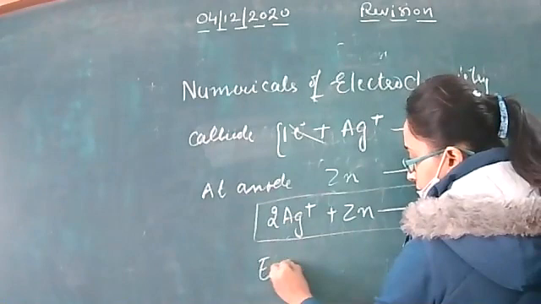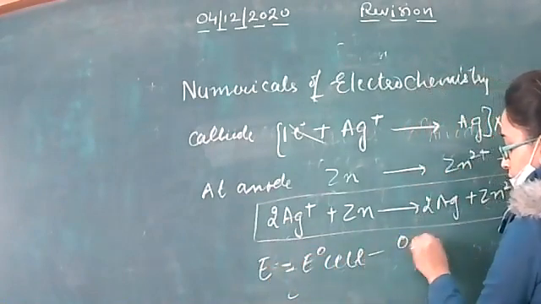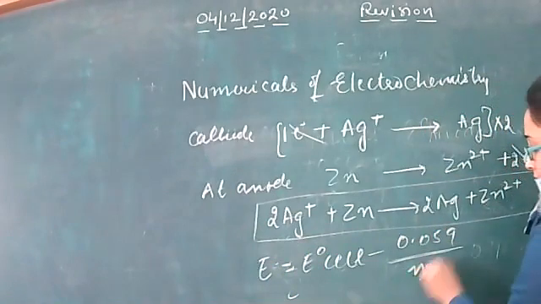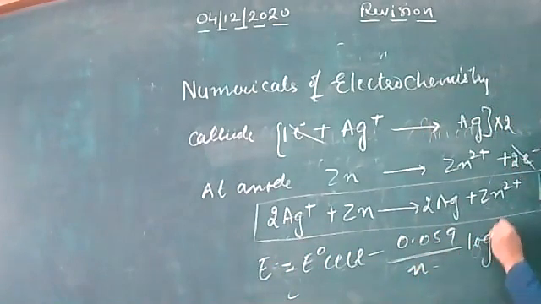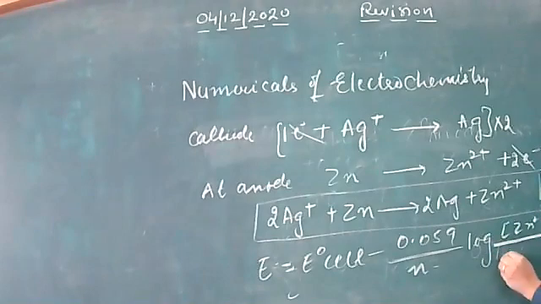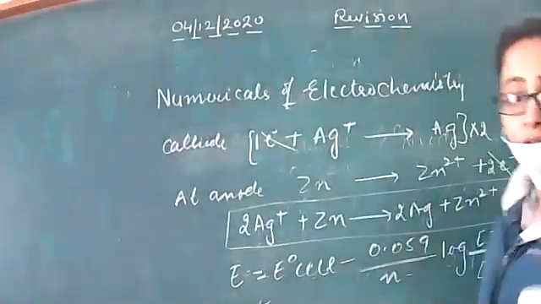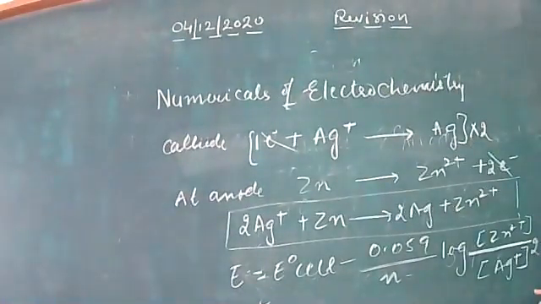E is E naught cell minus 0.059 over n, log the concentration of the product, meaning zinc, over the concentration of the reactant raised to the power of its stoichiometric coefficient. The coefficient of Ag+ is 2. For the zinc, it is 1.